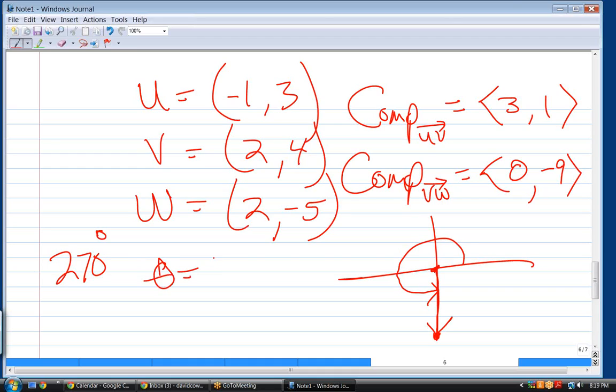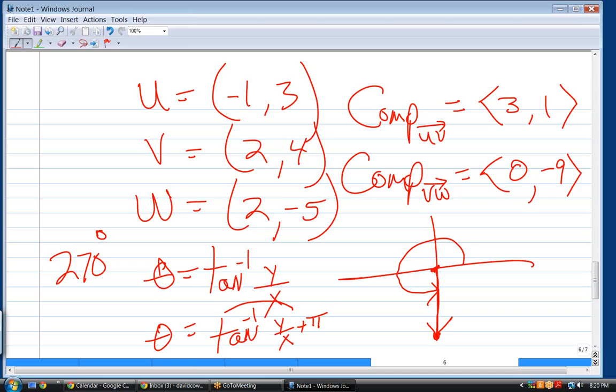I said theta is the inverse tangent of y over x, or the inverse tangent of y over x plus pi, depending on whether x is positive or not. In this case, x is 0. It's neither positive nor negative. So when you take the inverse tangent of infinity, you get pi over 2 plus pi is 3 pi over 2, and that's what that angle is.